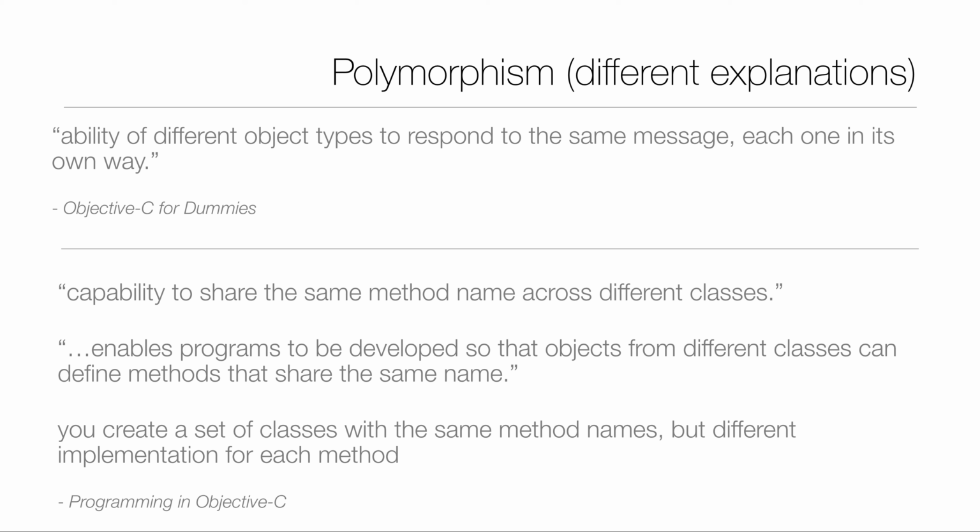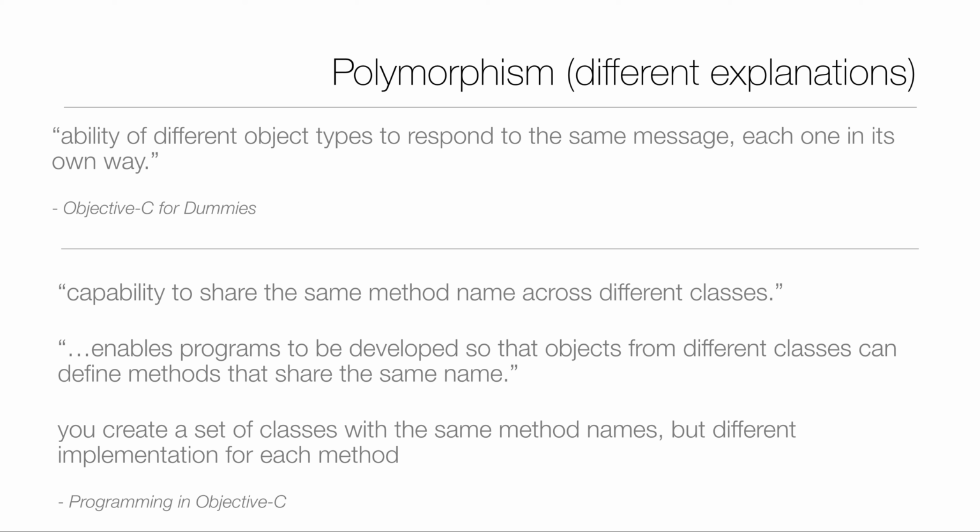Because remember, everything is programmed. Sometimes when you hear things like this explained, you think it just kind of magically happens. But no, you're programming the different functionality in these methods. So when you send the detail method, it is programmed to do something different.